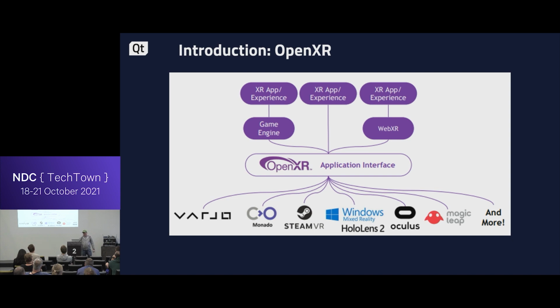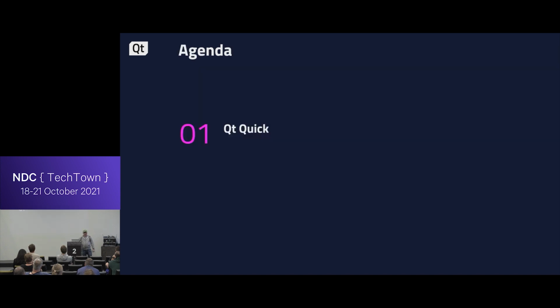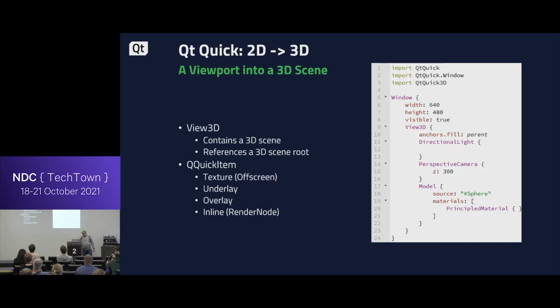Now I want to talk a bit about the intricacies of Qt Quick itself and some of the challenges that come with using Qt Quick as a technology for VR. So first off, I want to talk a bit about this transition between 2D and 3D. By default, Qt Quick is a 2D UI framework, and Qt Quick 3D introduces the ability to have a viewport into a 3D scene. In this case, the View3D item is your viewport into the scene.